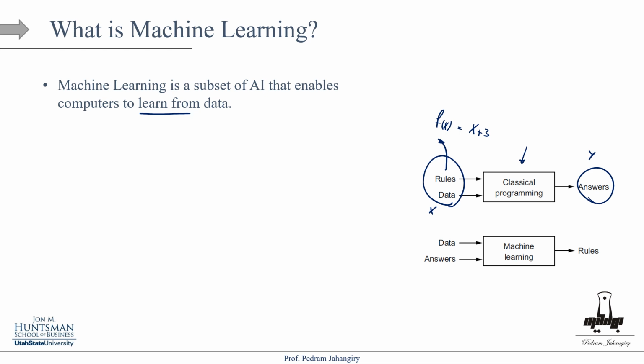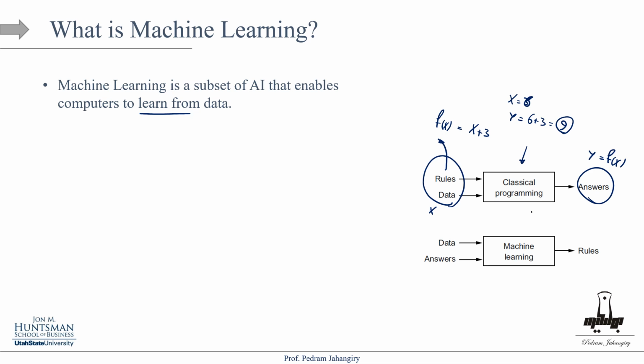For example, if x is equal to 6, then the output is going to be 6 plus 3, which is equal to 9, right? So this is classical programming. There is no uncertainty. The inputs are given, the rules are given, the computer is going to do the math and give you the output.